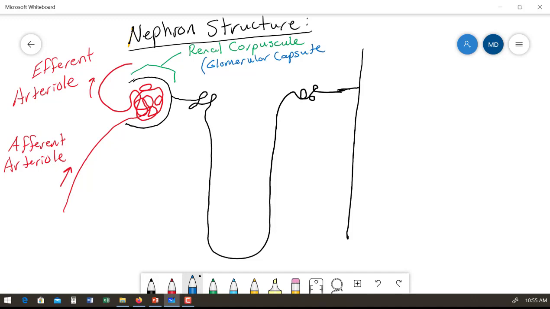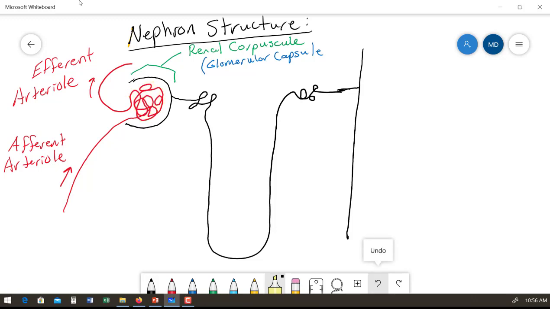Now, the other part of this, so capsule, did I spell that wrong? I think I accidentally added a T there. Then the inner part of the renal corpuscle, so this is the second part of the renal corpuscle, is called the glomerulus, and that is this part that I just highlighted in yellow here.